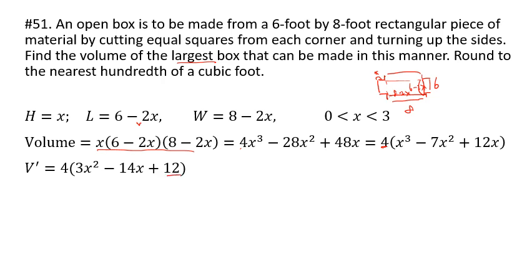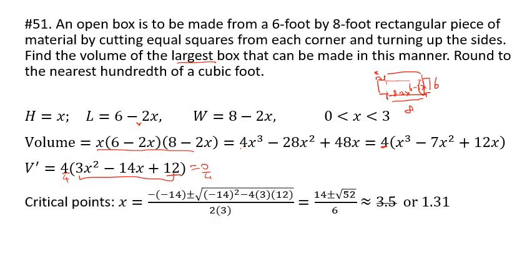So the critical point is where this equals 0, right? We divide by 4, so we have to find where this equals 0. So I have to plug into the quadratic formula. Then 14 plus or minus the square root of 52, over 6. So there are two values: 14 plus square root of 52 over 6, or 14 minus square root of 52 over 6.